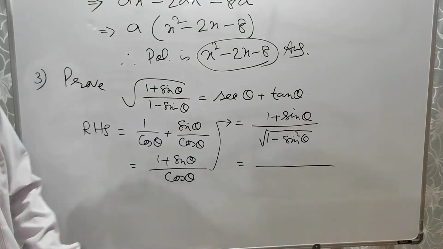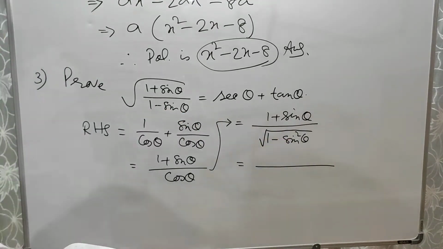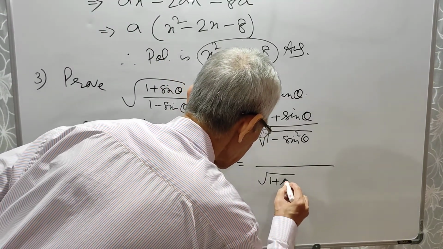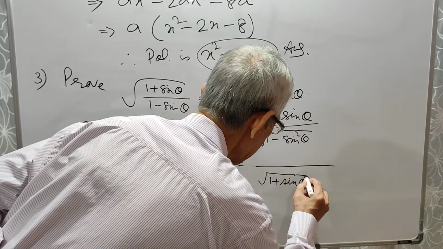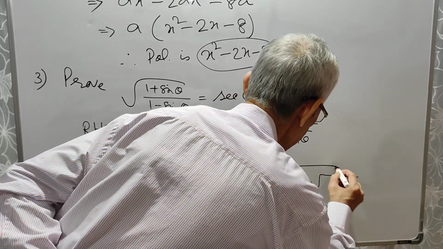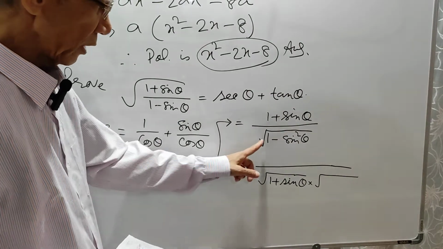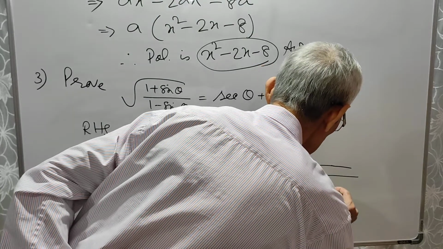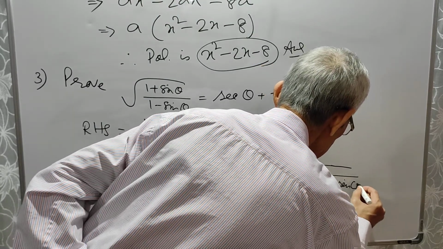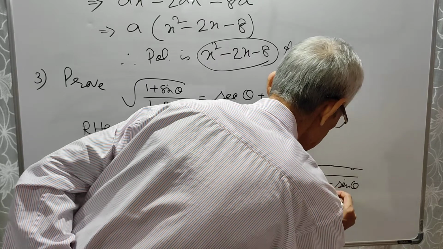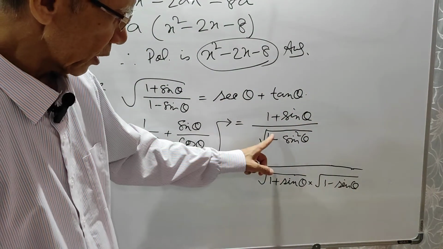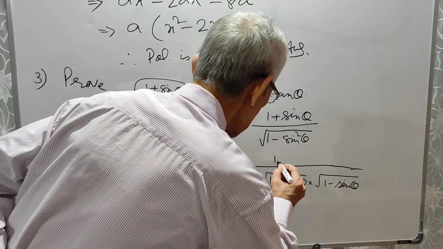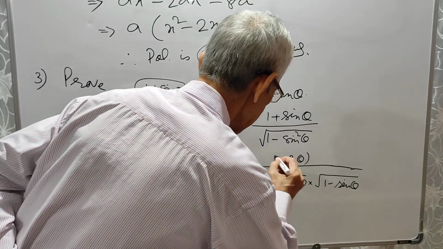So this one we can factorize. 1 minus sine square theta we can factorize using the a square minus b square formula, a plus b into a minus b, with the root sign remaining. So 1 plus sine theta into 1 minus sine theta is the denominator, and the numerator is 1 plus sine theta.